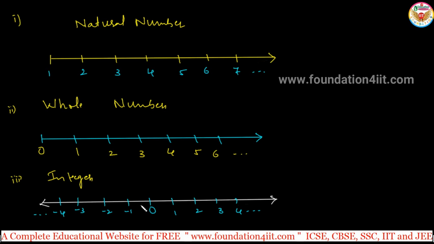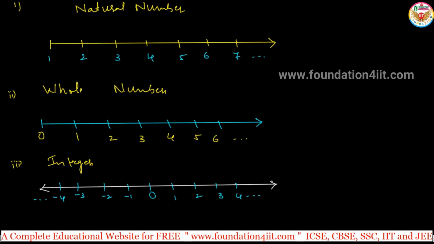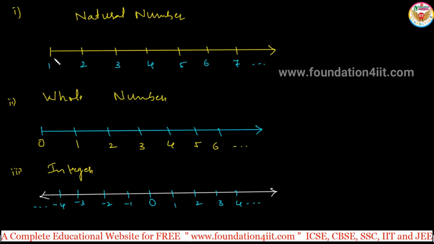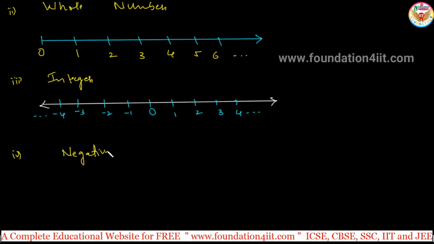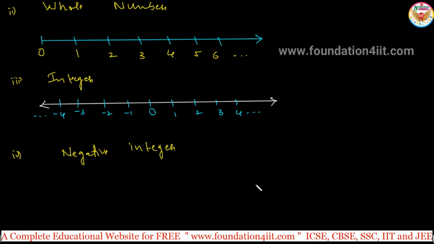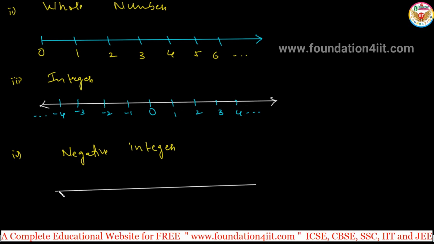Now a number line representing negative integers. So we should take only the negative numbers. For natural numbers and whole numbers, the left side is the starting point, so there is no arrow mark there. But when you come to negative integers, you can draw the line, but take the arrow mark to the left side.